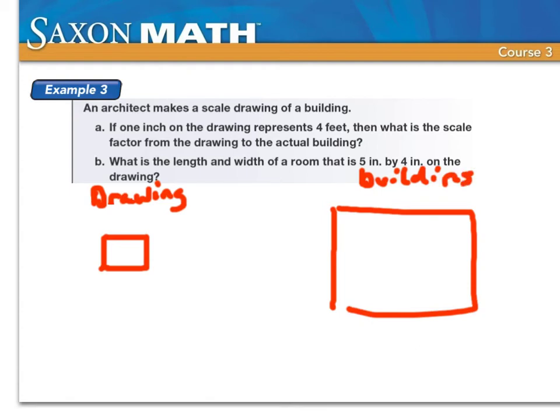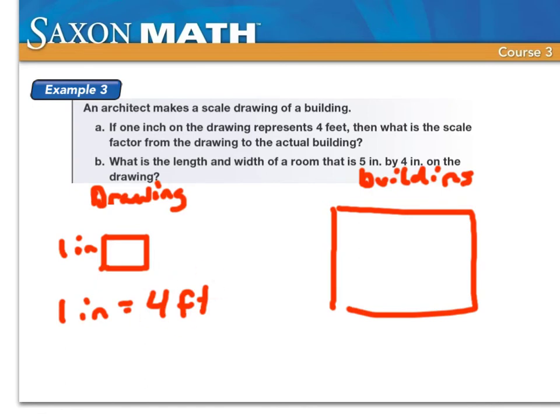It says 1 inch on the drawing equals 4 feet on the building. Okay, the problem is we can't figure out our scale factor until we have the same units. Okay, so 1 inch is 4 feet on the building, so we need to figure out how many inches are in 4 feet.